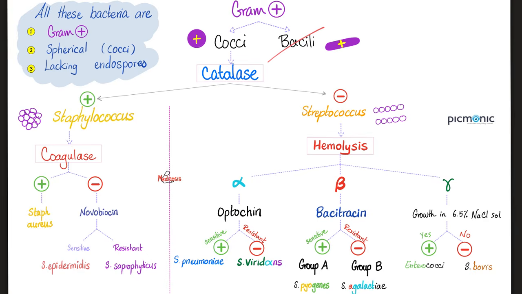Next, I am strep, which means what? I'm a gram-positive coccus arranged in chains, and I cause full hemolysis. Thank you. Based on your sensitivity, or lack of it, to bacitracin, we can divide you into group A, I am sensitive, or group B. Group B, kiss my butt, bacitracin. Where do you live, group B?